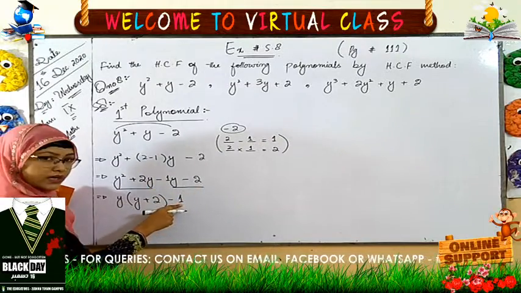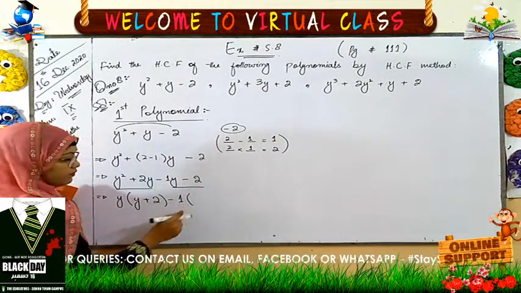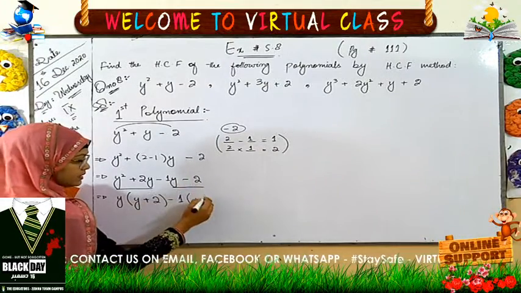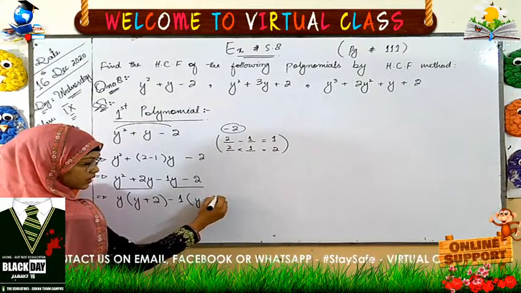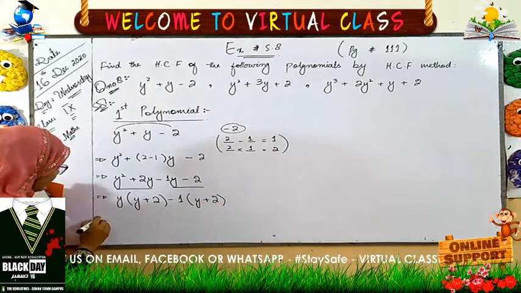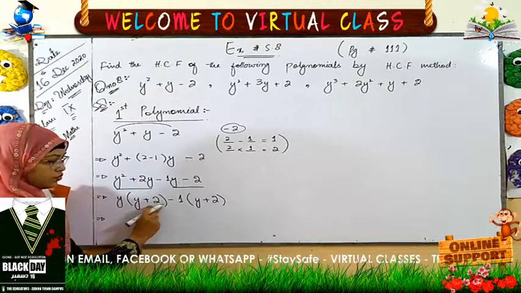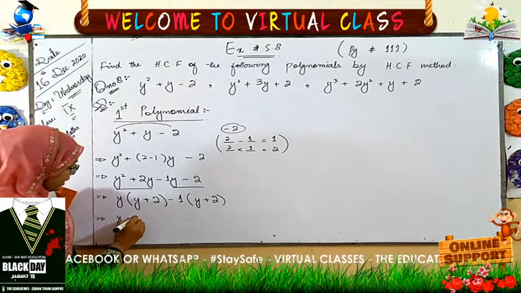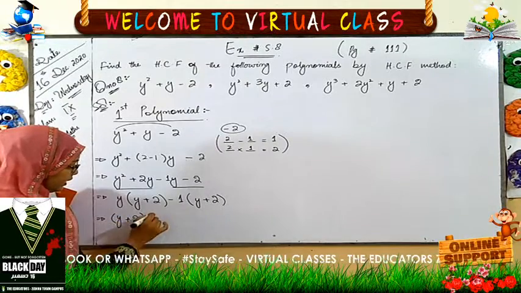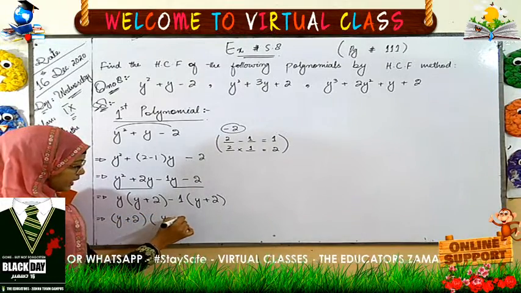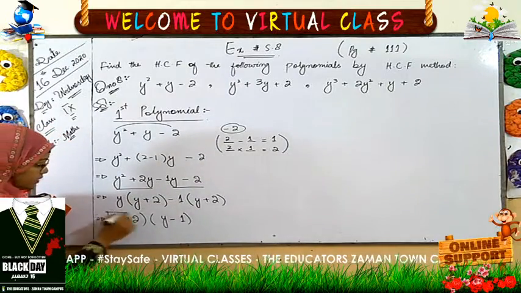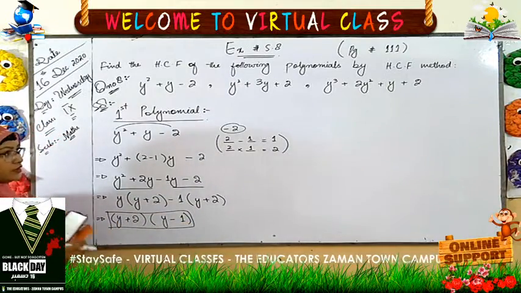So we take out minus 1 as common, and in the bracket we write the remaining, y plus 2. What is common in both? y plus 2 and y plus 2. This bracket is common. So we write y plus 2 as common, and then y minus 1 as the remaining value. These are the factors of the first polynomial.